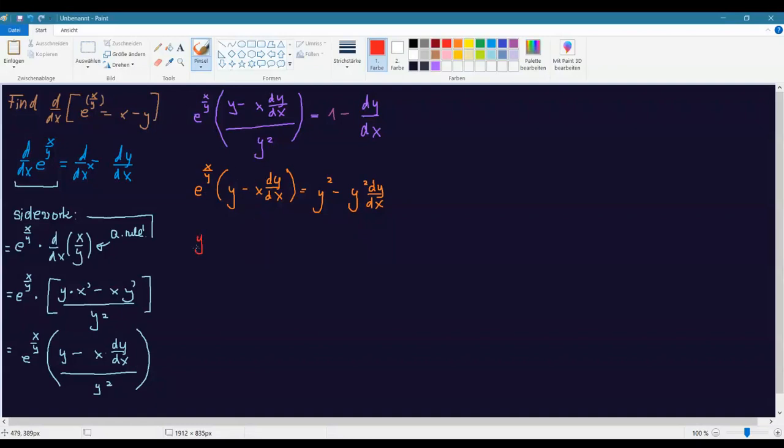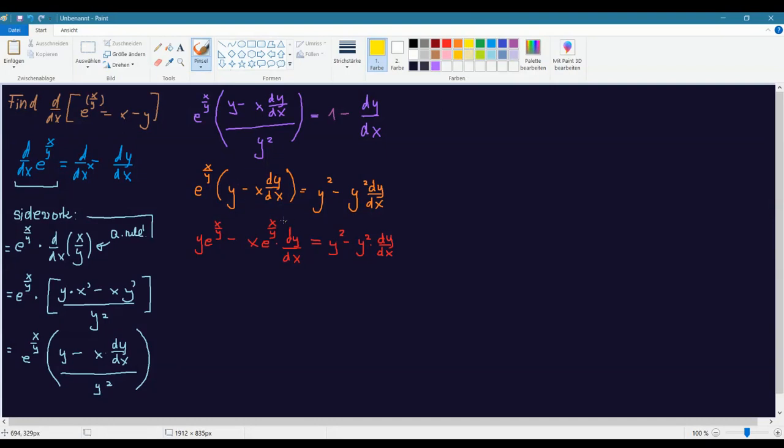So we're going to end up with y e to the x over y minus x e to the x over y times dy over dx equals y squared minus y squared times dy over dx.